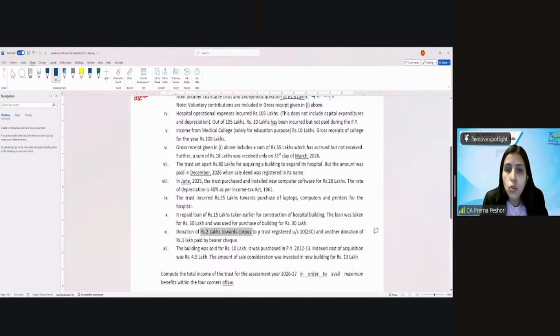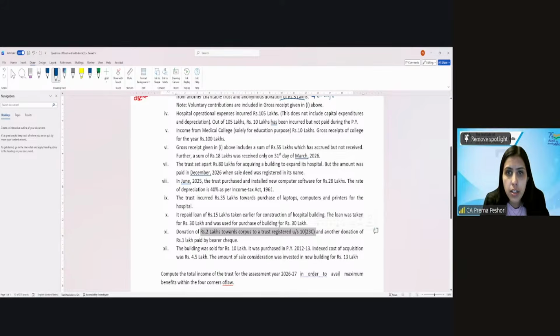Donation of rupees 2 lakh towards the corpus to a trust registered under 10(23C). Not allowed, ma'am. Corpus donation not allowed. Correct. Corpus donation is not allowed. What about the donation of 1 lakh paid by bearer cheque? Not allowed, ma'am. Why? Above 10,000, this is like cash. Correct. So above 10,000 in cash is not allowed here under the application.